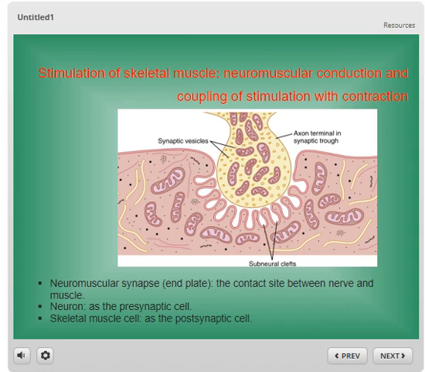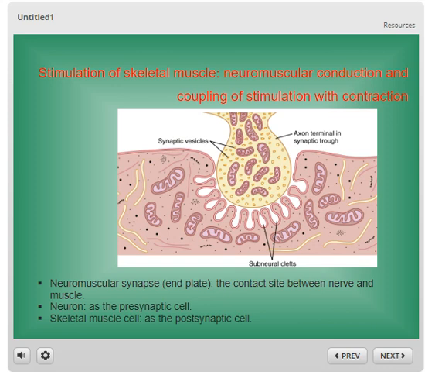The action potential travels along the muscle fiber's membrane and into the T-tubules, triggering the release of calcium ions from the sarcoplasmic reticulum.